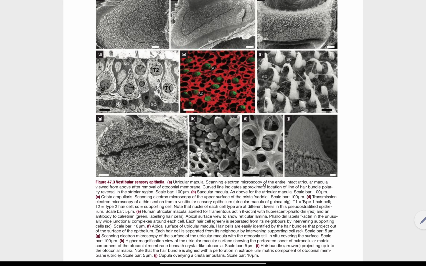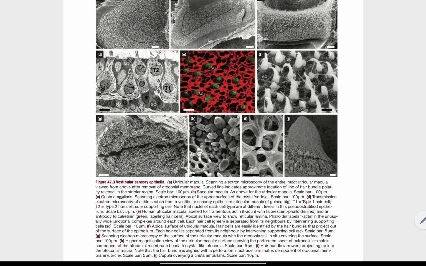A is a scanning electron microscopy of the entire intact utricular macula viewed from above after removal of the otoconial membrane. The curved line indicates the approximate location of the line of hair bundle polarity reversal in the striolar region. Scale bar 100 μm. B is the saccular macula, as above the utricular macula, scale bar 100 μm.